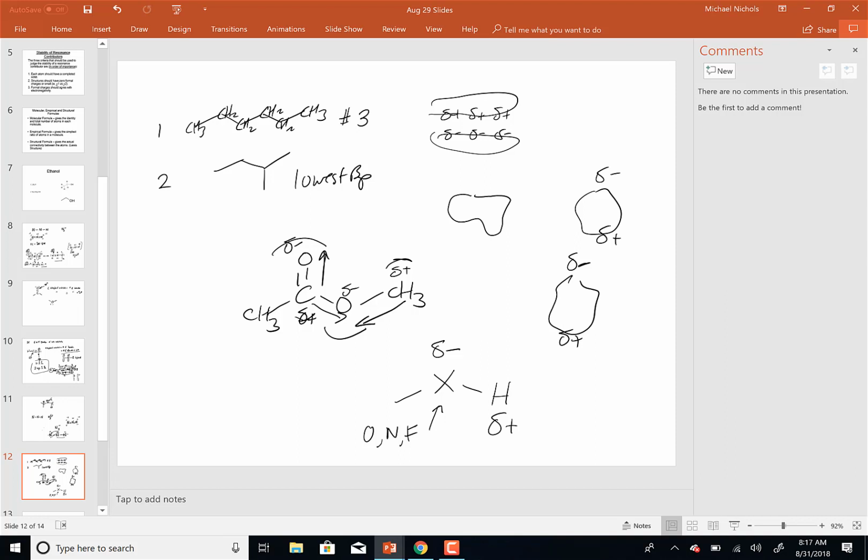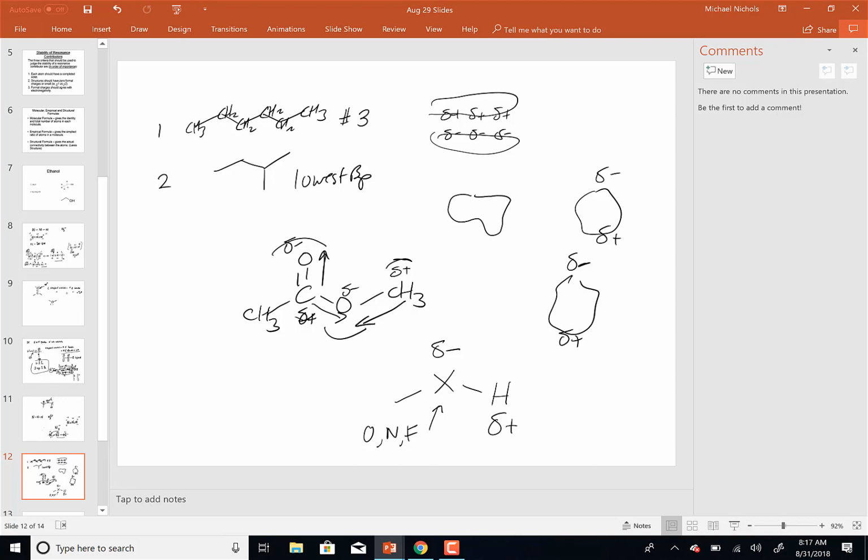So if I put any one of those 3 atoms attached to a hydrogen, I now have the potential for a hydrogen bond, because I've got the greatest delta plus and the greatest delta minus charge, and so they're going to have the strongest Coulombic attraction. Okay. Still with me? Does that make sense?